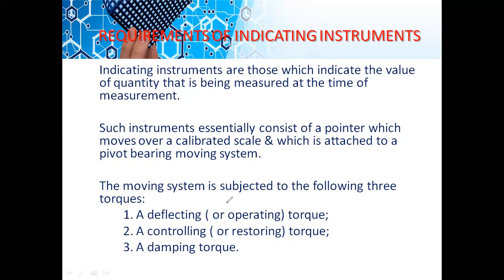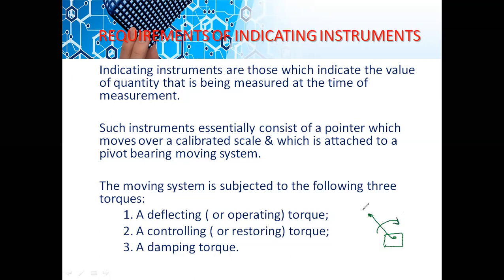Now here, we should understand that we are going to have some system, and this system is going to have a pointer attached to it, and this pointer will be moving in a circular direction as shown.